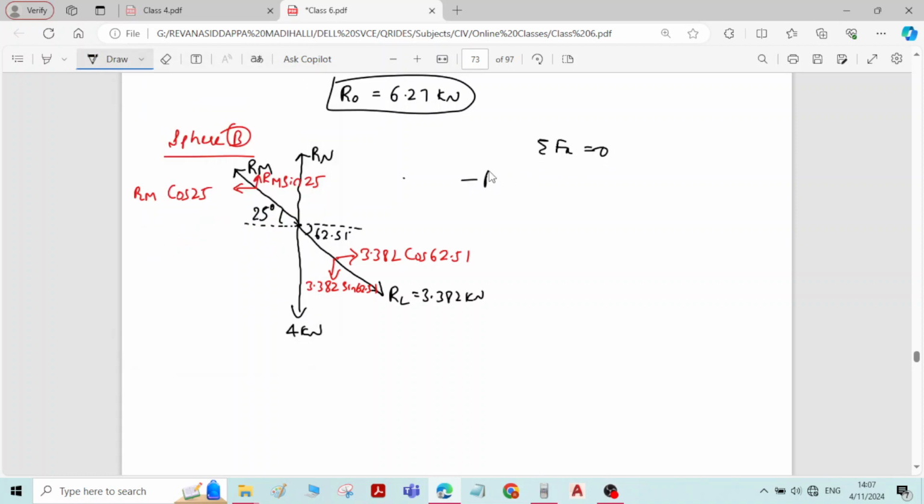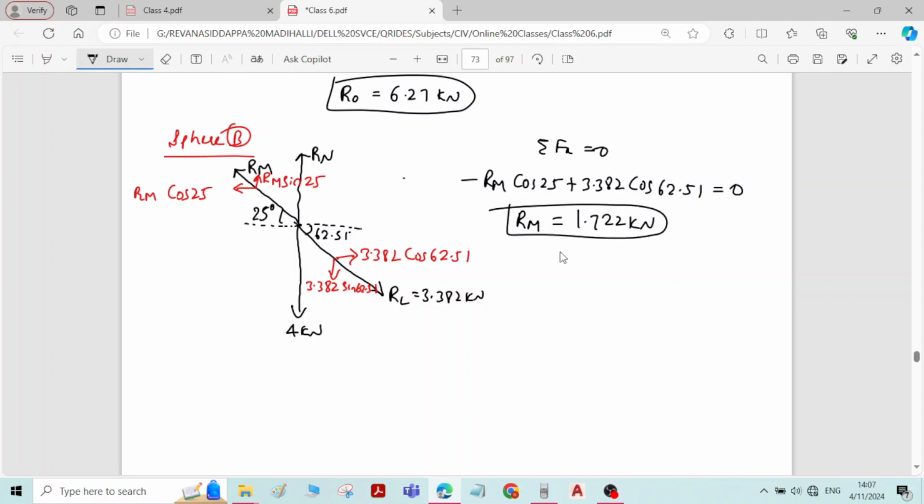Therefore minus RM cos 25 plus 3.382 cos 62.51 is equal to 0. Only two horizontal forces are there, so we have added both. By this you will get the answer for RM, that is 1.722 kilonewton.